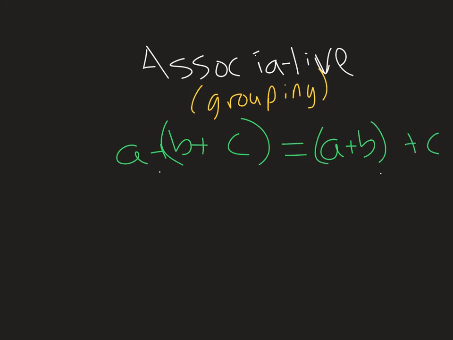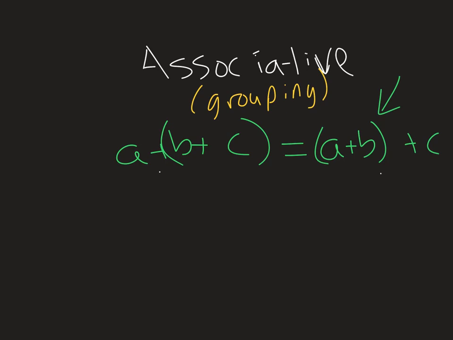Notice the order did not change between the A, B, and the C. The only thing that changed is I decided, oh, I'm going to group the A and the B first. And we do this all the time without really thinking about it. If we were adding up three numbers, we'd probably add two of them and then add the third. And it doesn't really matter which one we pick.